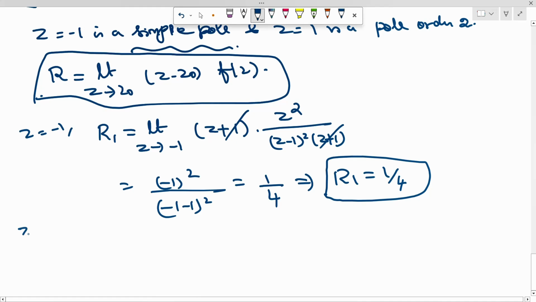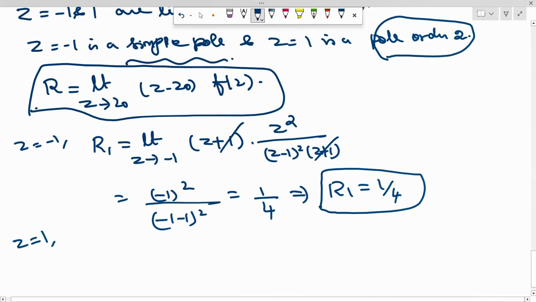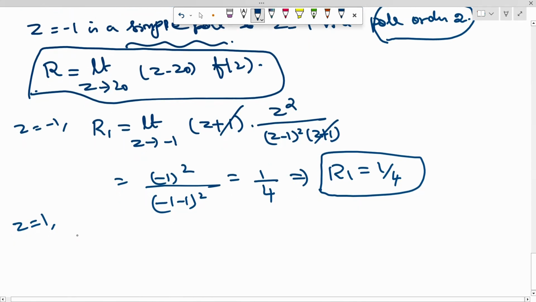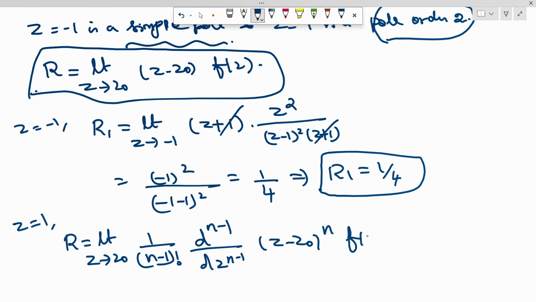Okay, next we take z is equal to 1, but here z is equal to 1 is a pole of order 2. We know the general formula to find the residue for a pole of order n, which is r is equal to limit z tends to z0, 1 by (n minus 1) factorial into d power n minus 1 by dz power n minus 1 of (z minus z naught) power n into f of z.